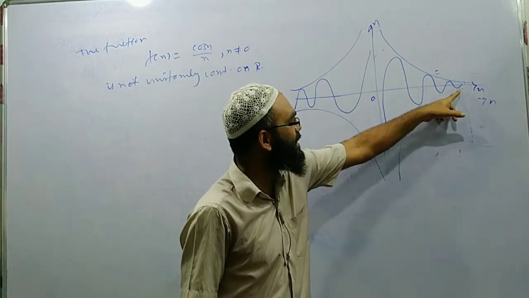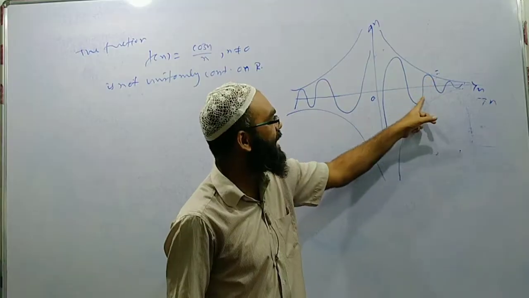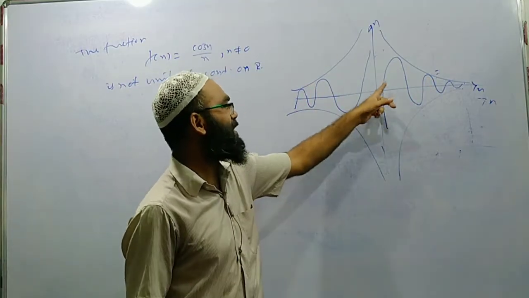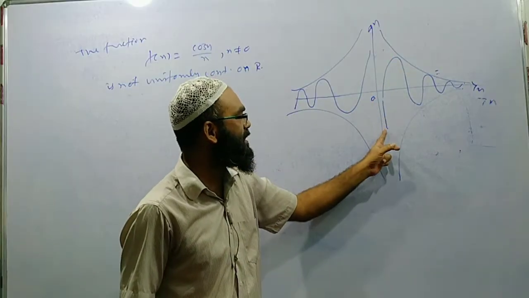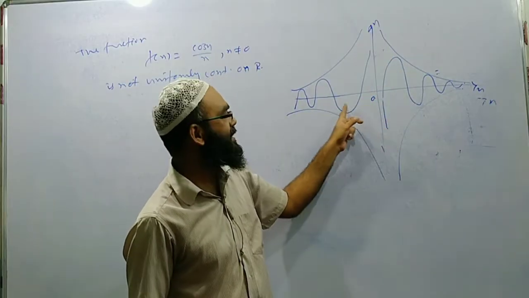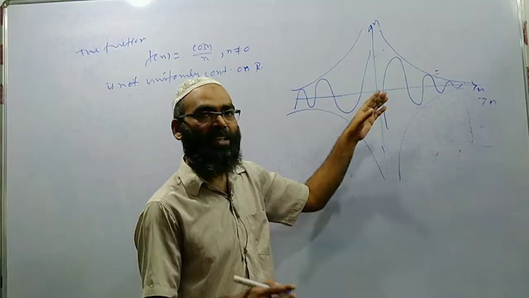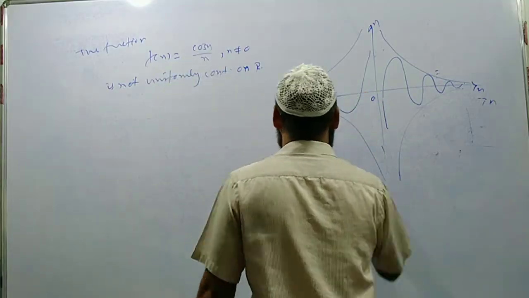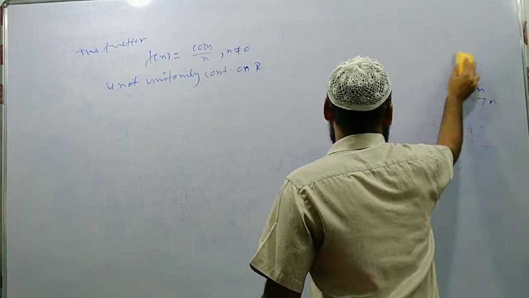The height of the curve keeps increasing. Observe this part is parallel to the axis of y and this part is parallel to the axis of y near the origin. So the function is not uniformly continuous.